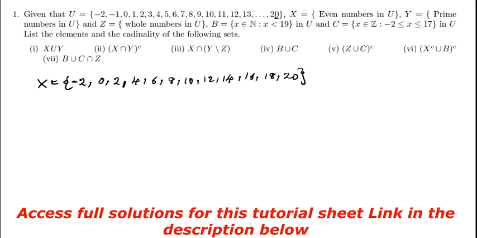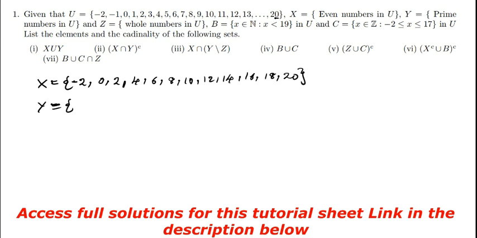Then we also have set Y. Set Y has got prime numbers in the universal set. So what is a prime number? A prime number is a positive integer which is divisible by 1 and itself only, but 1 is not included.